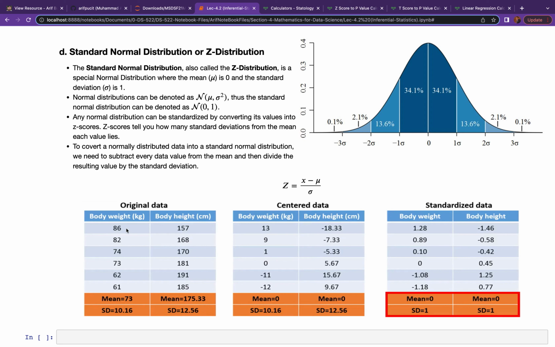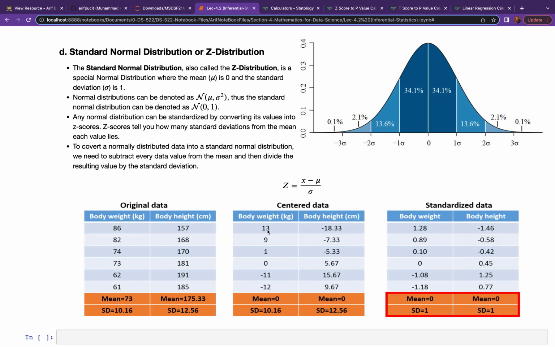So to convert this to a Z distribution, you simply subtract the mean, that is 73, from each value. So you subtract 73 from 86 and get 13. You subtract 73 from 82 and get 9, and so on. Later you divide these values by the standard deviation, that is 10.16, to get this value.